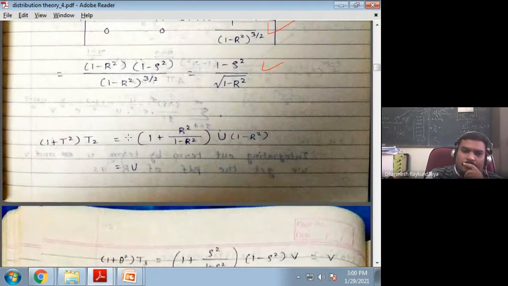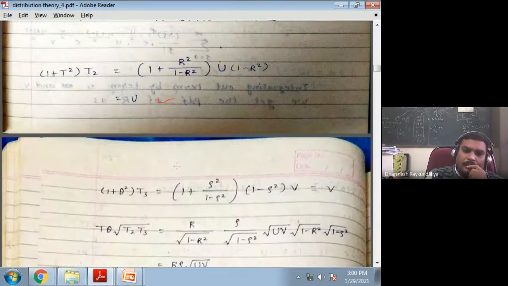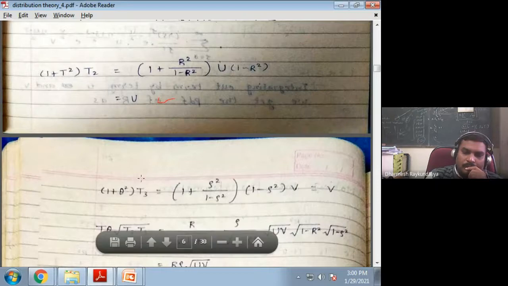This 1 minus r square is here, so the 1 minus r square cancels out with this, so it is 1 upon 1 minus r square, that cancels out with the 1 minus r square, so it is u. And similarly 1 plus theta square t3 is equal to 1 plus rho square, theta square is equal to rho square upon 1 minus rho square, t3 is 1 minus rho square v, so it is also v.